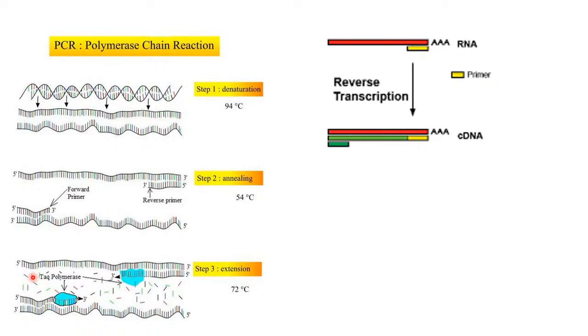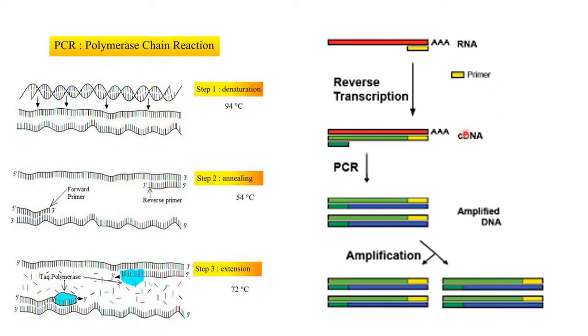So what we are doing in real-time PCR, the gene expression analysis PCR, is we take an RNA molecule, then we do reverse transcription with the enzyme reverse transcriptase, and we use a primer which can bind to the poly A tail of RNA, and by reverse transcription we create cDNA.